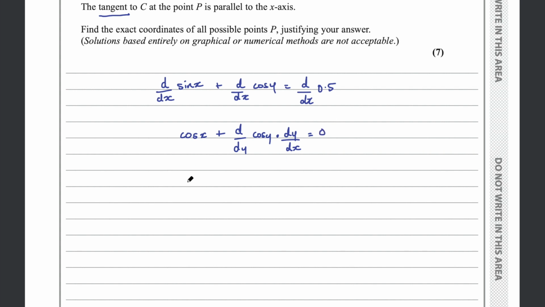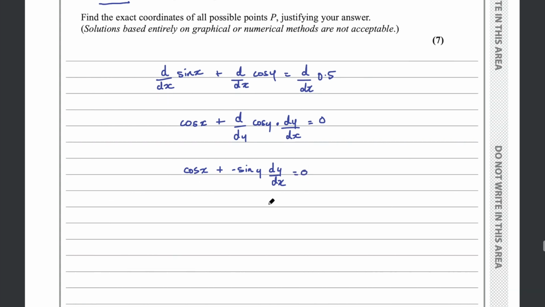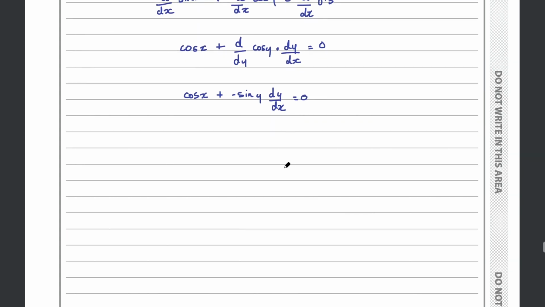And so now I can say this will be cosine x plus the derivative of the cosine, which is negative sine y, times dy on dx, equal to 0. And then make dy on dx the subject of this equation. So dy on dx would be, we'll subtract that cosine x from the right hand side.